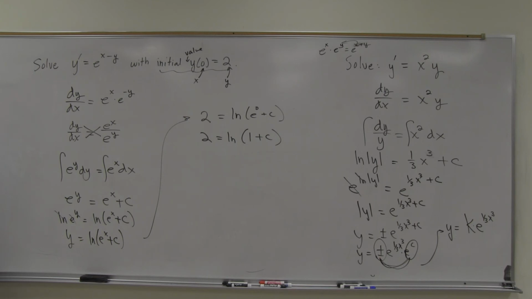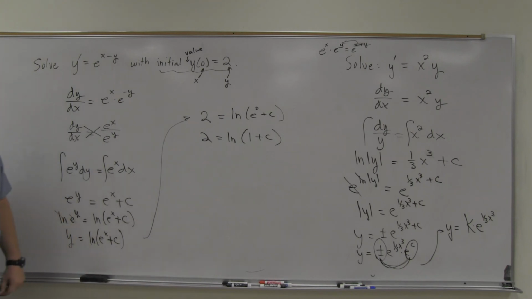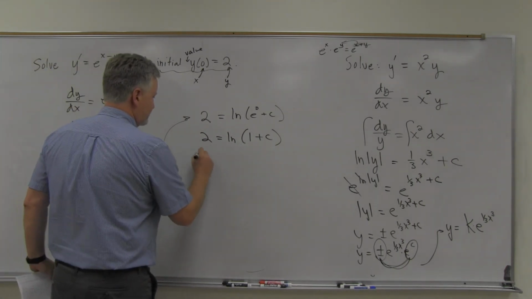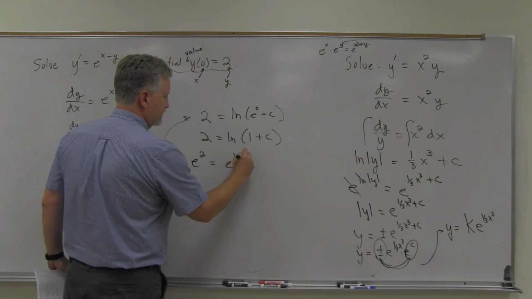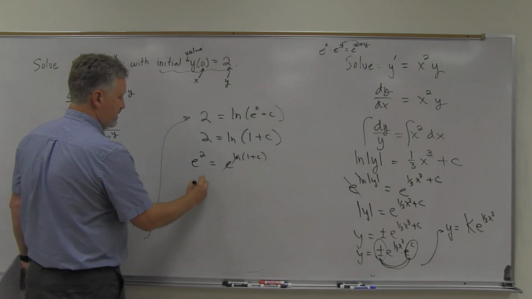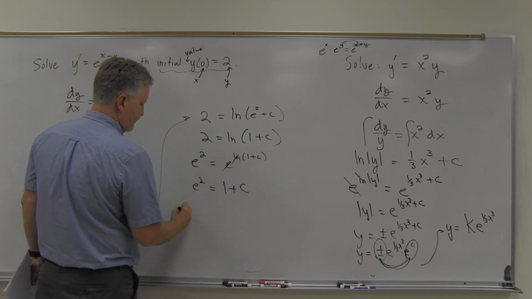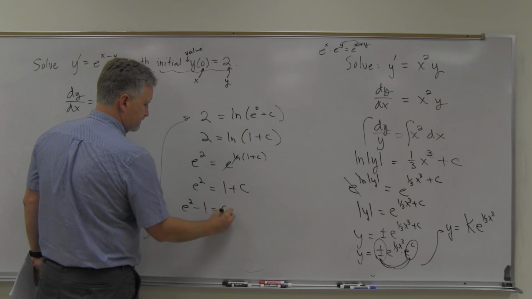How do we solve that? Just like we did over there, right? Exponentiate both sides. So you get e squared equals e to the ln of 1 plus c. The e and the ln cancel, so we have e squared equals 1 plus c. Subtract 1: e squared minus 1 equals c.